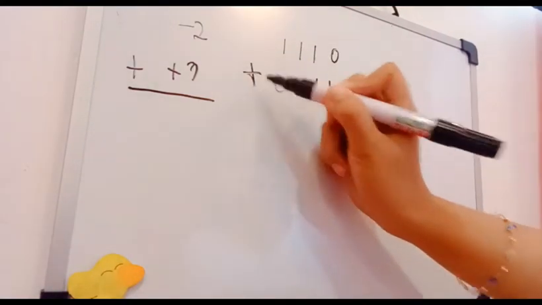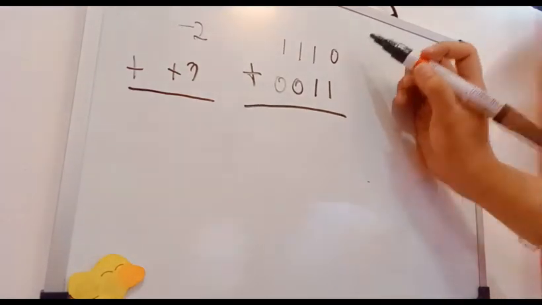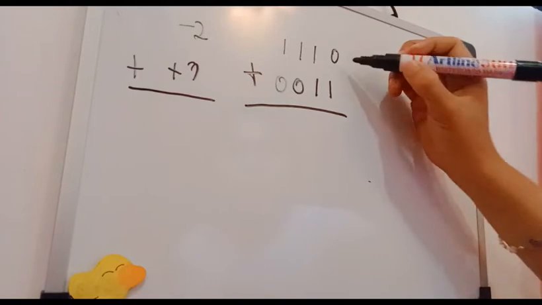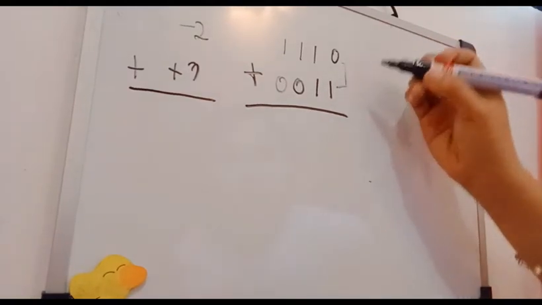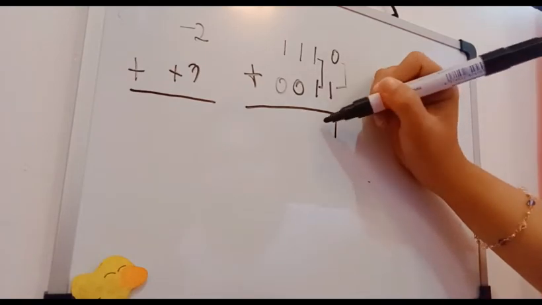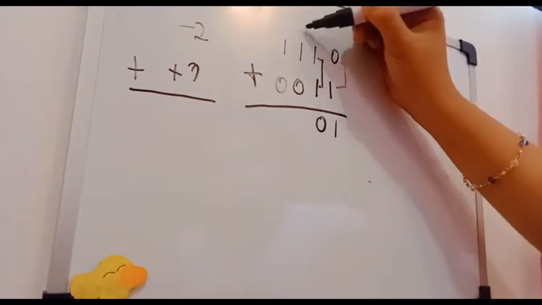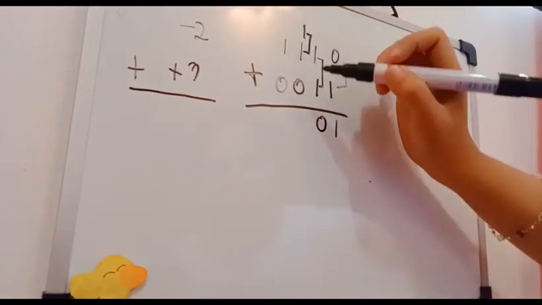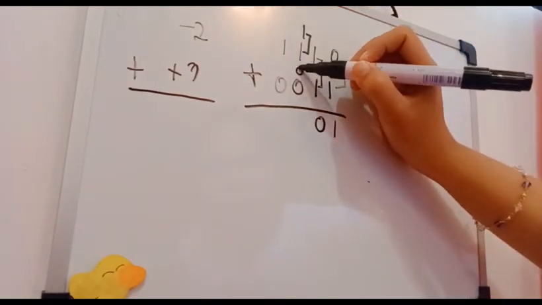So, add natin siya. Okay, so let's see. We're going to use here the 4 arithmetic operations. So, 0 plus 1 is equals to 1. And then, 1 plus 1 is equals to 10. Sum ang 0, carry ang 1. 1 plus 1 is equals to 10. So, lagyan nyo yung 0 dito.